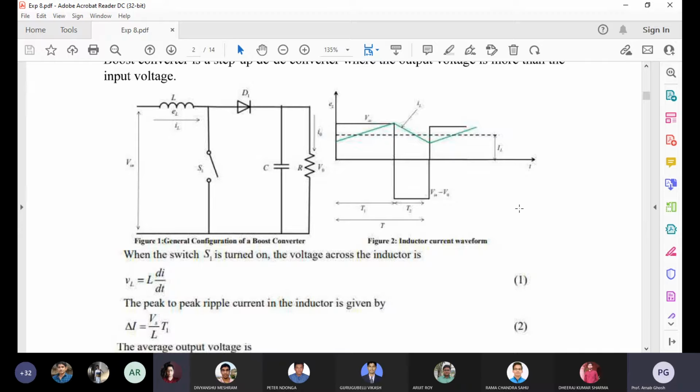The current is first charging, then discharging, charging, discharging, like that. So you get the average voltage at the output load.